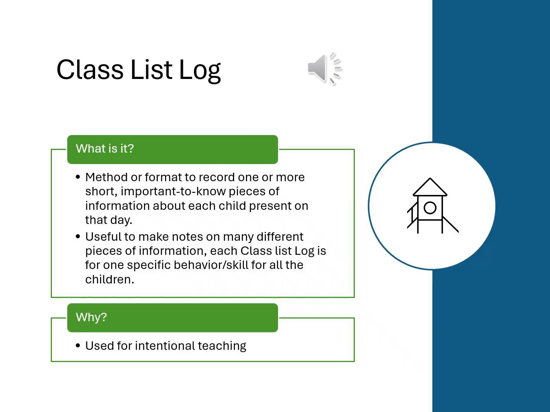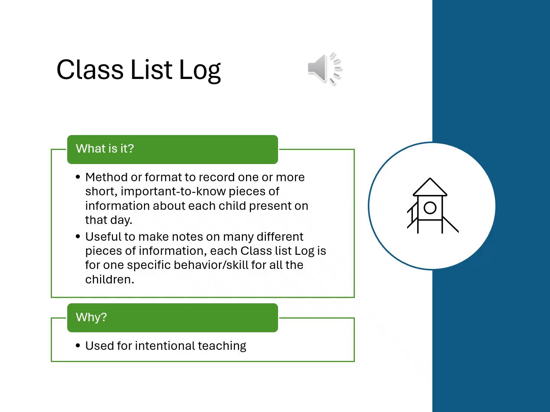Again, maybe how they're doing in transitioning from lunch to nap, or is everybody able to count to 10? Then you can use that quick information about each child to think about how you can adjust your instruction, your interactions, and the activities that you provide.